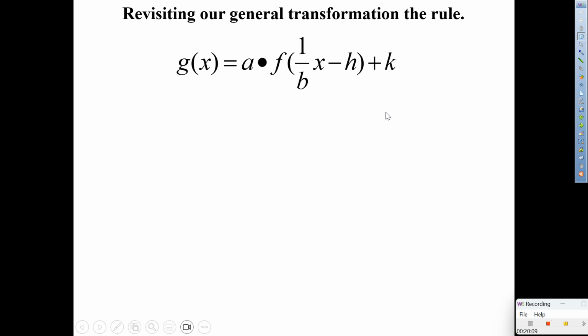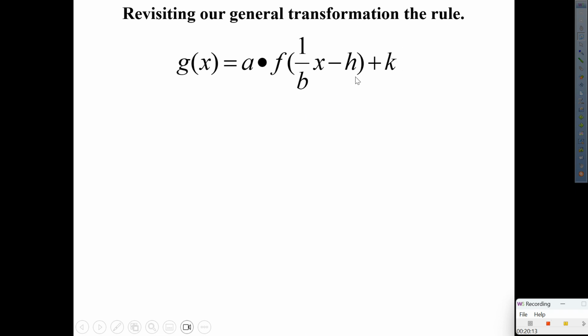So, look up to the screen. This was the general rule. Look up. G of x equals a times f of 1 over b times x minus h, plus k. Remind your neighbor what k does, what h does, what a does, and what b does. All right, Anthony D., pass someone. Maya, what does k do?